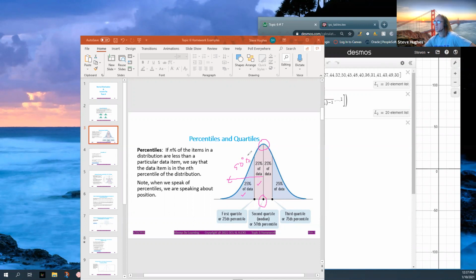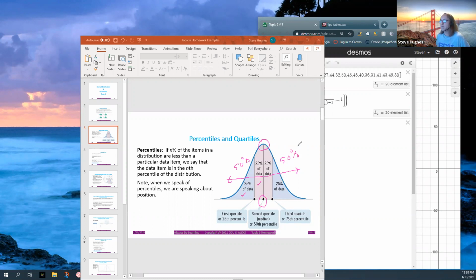All right, 25% in the third quartile, 25% in the fourth quartile, meaning 50% above the mean. 50% above the mean, 50% below the mean. Therefore, if we take the whole percentage of this curve or distribution, we have 100%.